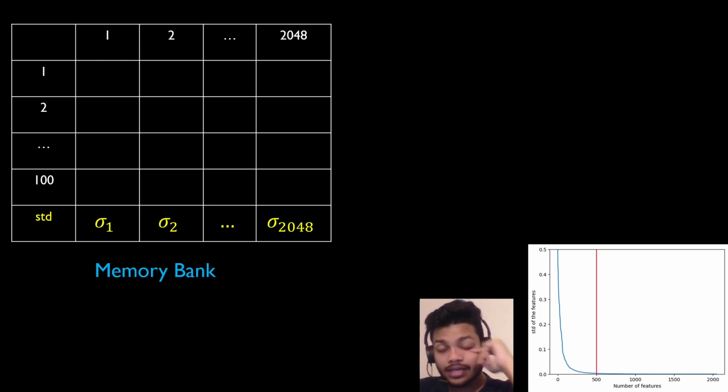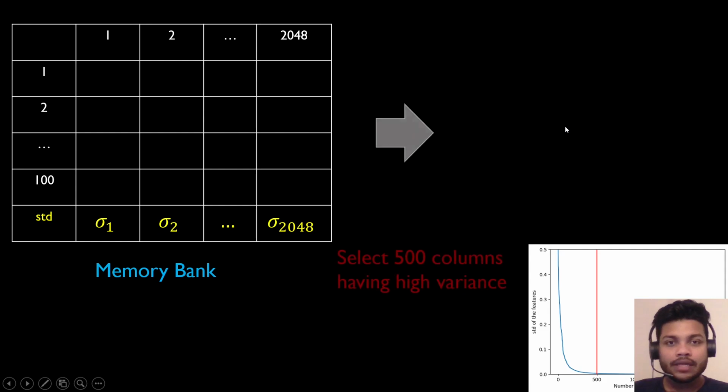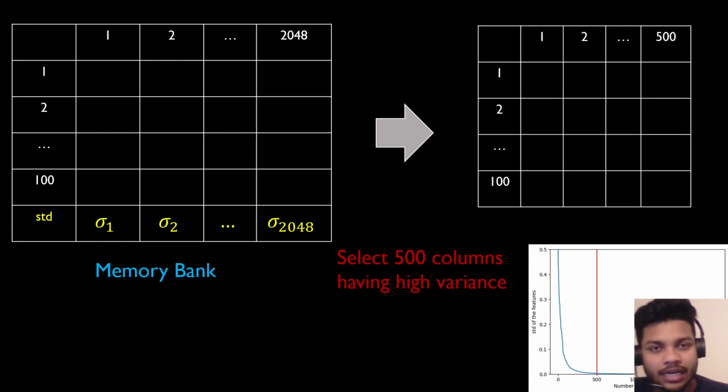So we assume that we can neglect those particular columns from our memory bank, because they don't vary much, hence they don't have very good predictive power. Keeping that in mind, we only select the 500 columns having high variance or high standard deviation. Now we have a compact memory bank with each sample having only 500 features.